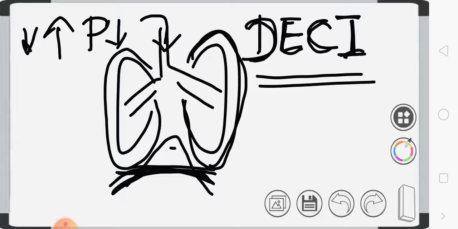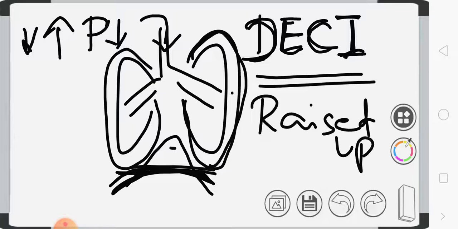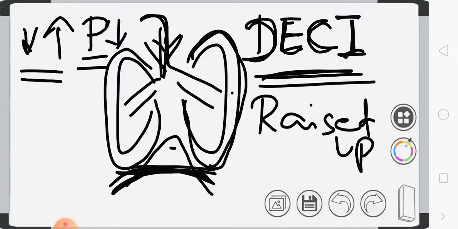When the diaphragm and the external intercostal muscles contract, the rib cage is raised up and out. The volume of the thoracic cavity increases and the pressure inside decreases. When the pressure decreases, air is drawn in. So you can use the mnemonic DESI.